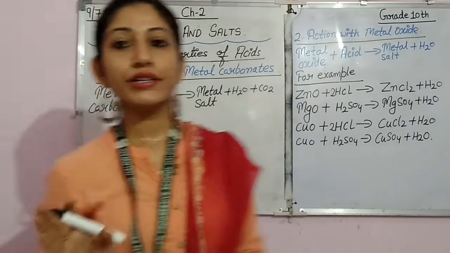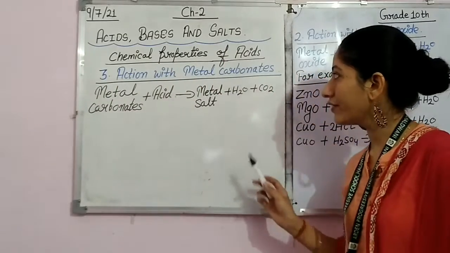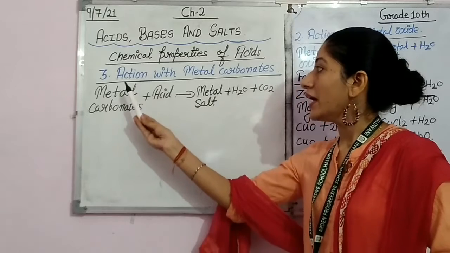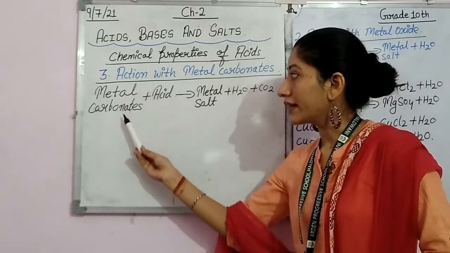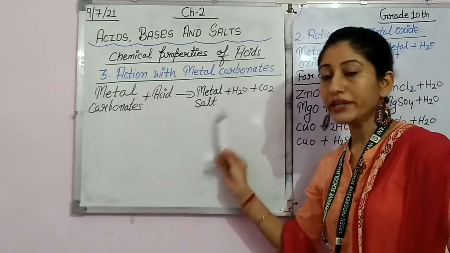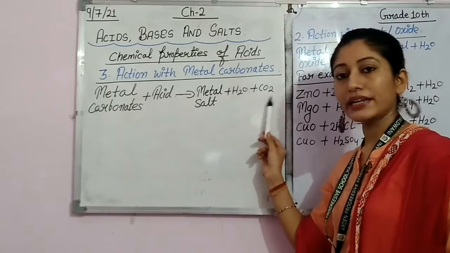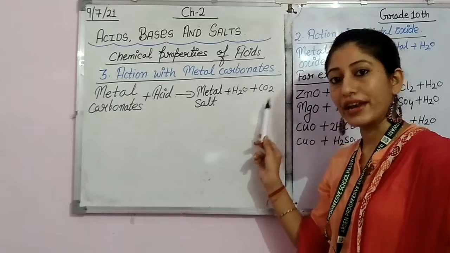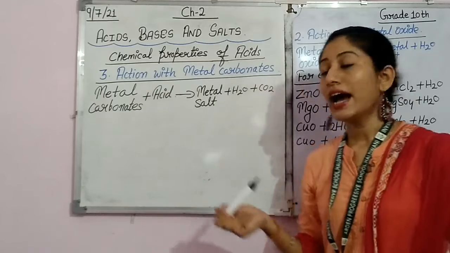So I hope it is now clear to everyone that whenever we react acids with metal carbonates, then in the product we will get metal salt as well as water, and CO2 gas will be released, right? Let's see how it works.